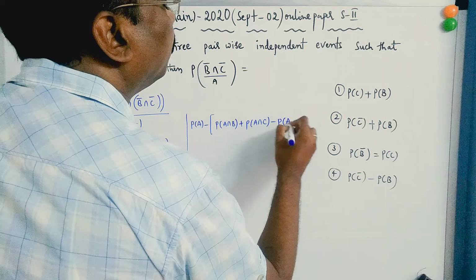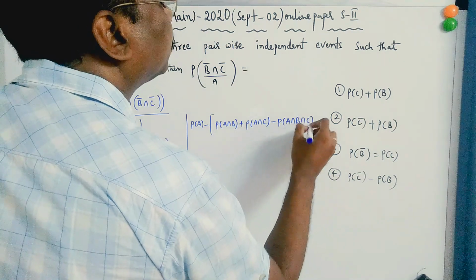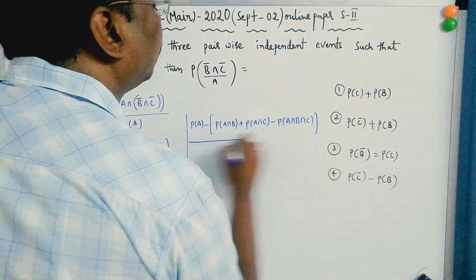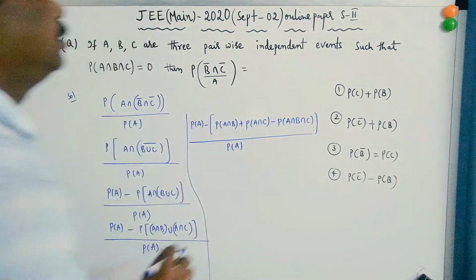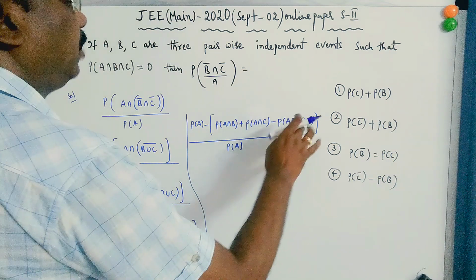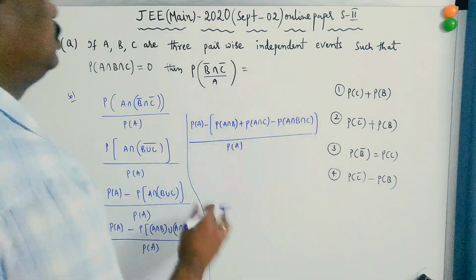P of A intersection B intersection C by P of A. Now P of A intersection B intersection C value is 0.